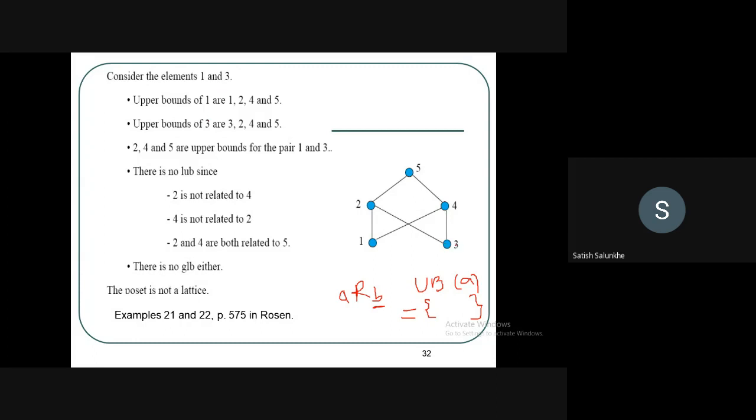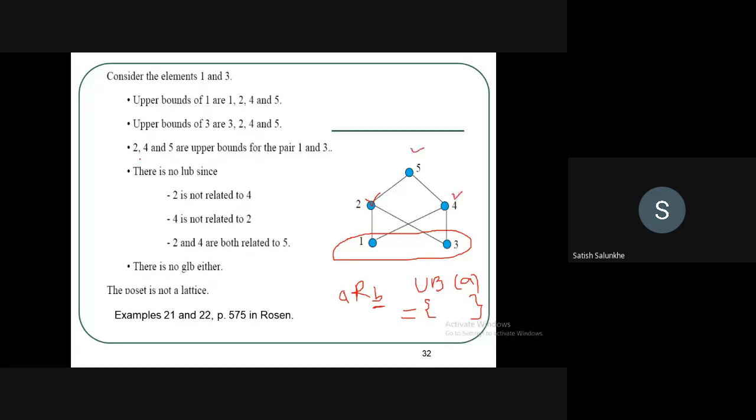Similarly, what is the upper bound of 3? That is 3, 2, 4, 5. Now, what is the upper bound of 1 and 3 together? We want to find out those B's such that 1 is related to that and 3 is also related to that. You can see 1 is related to 4 and 3 is related to 4, and so on.